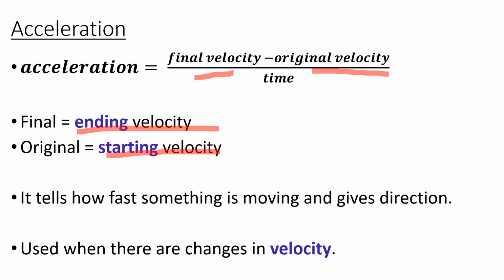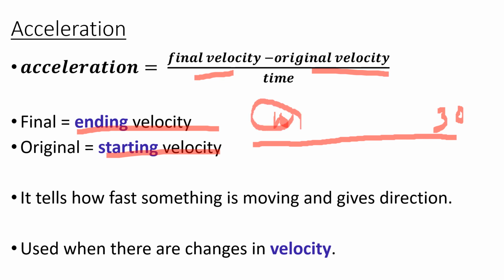Okay, take note class, if we have 10 and 30, for example, our car here starts to move and ends up at 30. So, ibig sabihin, 10 is our original or initial velocity, and then 30 is our final velocity. So you need to subtract the initial from the final velocity, and then divide by the specific time, and that is your acceleration.